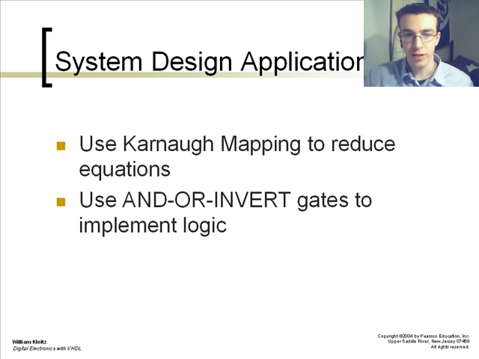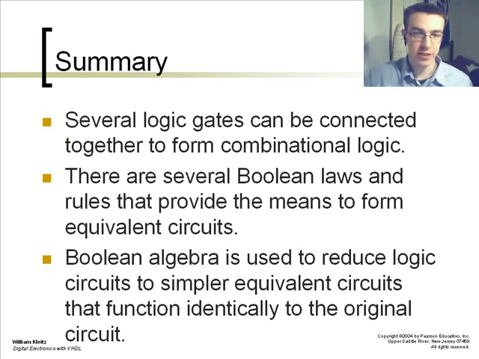And the summary of this segment is several logic gates can be connected together to form combinational logic. There are several Boolean laws and rules that provide the means to form equivalent circuits. Boolean algebra is used to reduce logic circuits to simpler equivalent circuits that function identically to the original circuit.